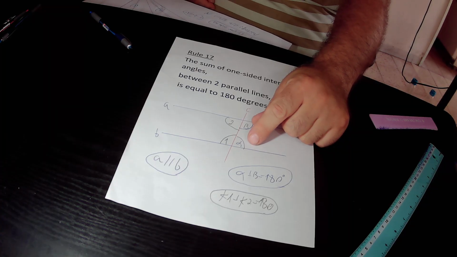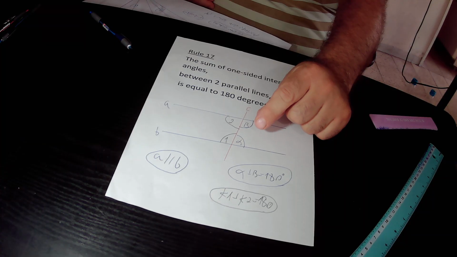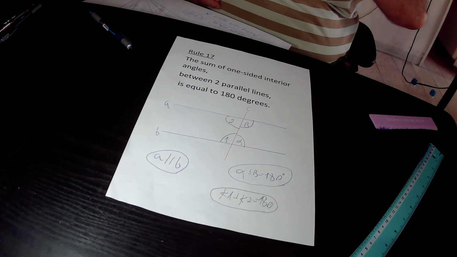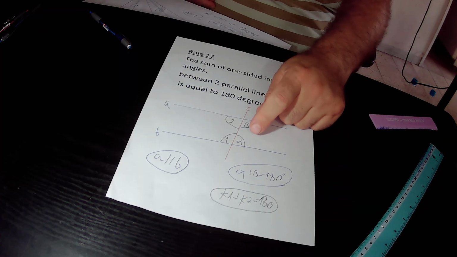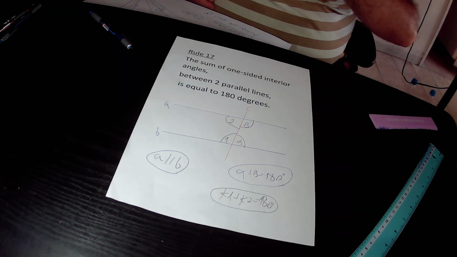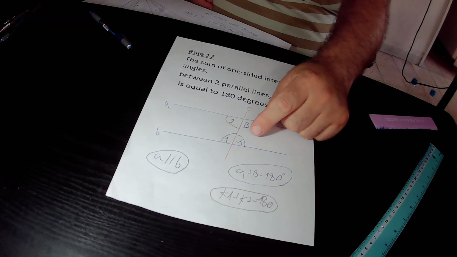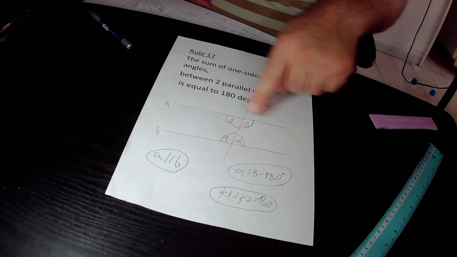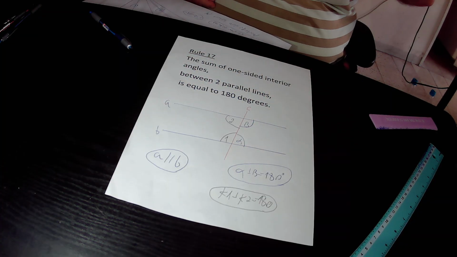Why? Because those 2 angles alpha and beta are both located on the left side of the red line C. For that reason, they are defined as one-sided angles. And because those 2 angles are both located between the parallel lines A and B, they are also defined as interior angles.